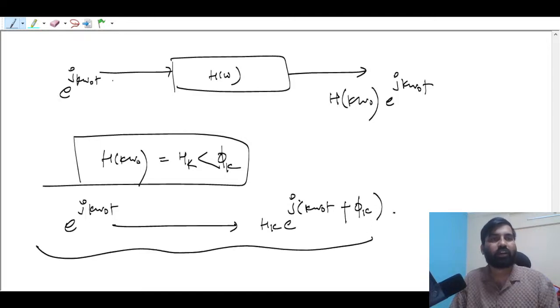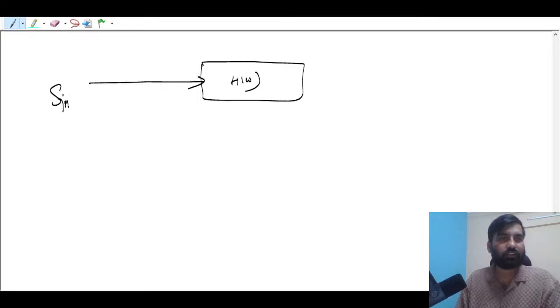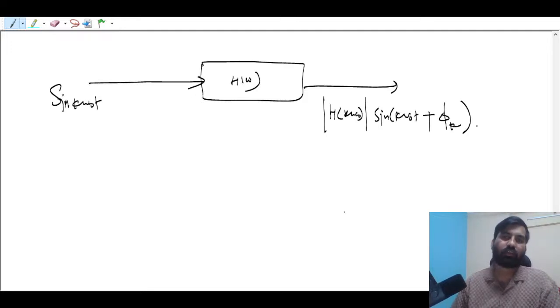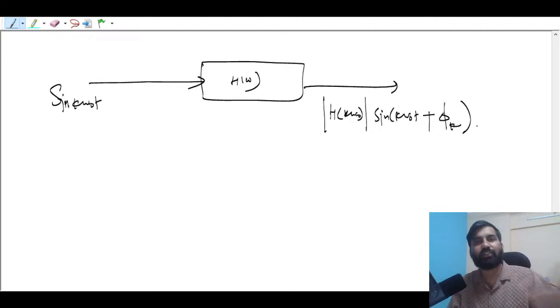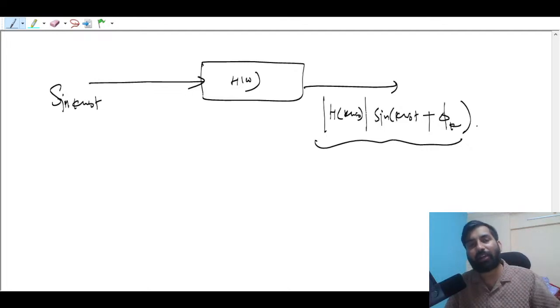So if you give a sinusoid here, suppose this is H(omega), and you are giving sine k omega naught t, the output will be the magnitude evaluated at k omega naught times sine of k omega naught t plus phi_k. The input is multiplied by the magnitude evaluated at the input frequency, and the phase is added, right.